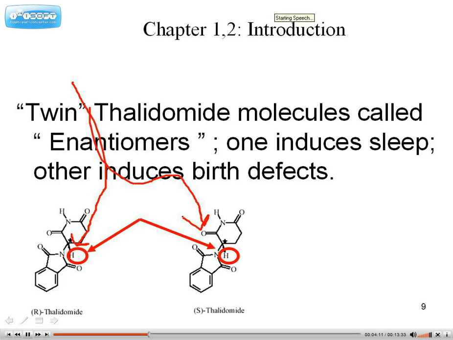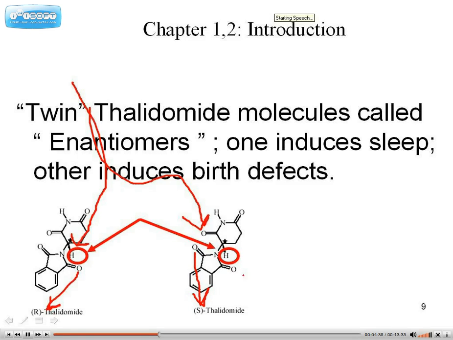I'm not going to test you on the word enantiomers, at least not yet, but I wanted to point out to you that using organic and biochemistry, we were able to figure out that there was a good twin and a bad twin. The good twin is R-thalidomide. The bad twin is S-thalidomide. That's the notation R and S for figuring out twin types. We'll worry about that at a later point.